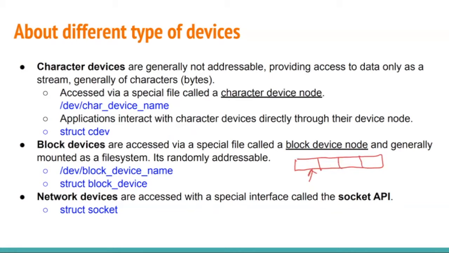Here we can access the device in the form of blocks. Also, these block devices are generally associated with some kind of file system, because we implement file systems on block devices. Also, the address of a block device we can randomly access. In the character device, we have to read the data sequentially. Here we can read the data at any address on the whole device.